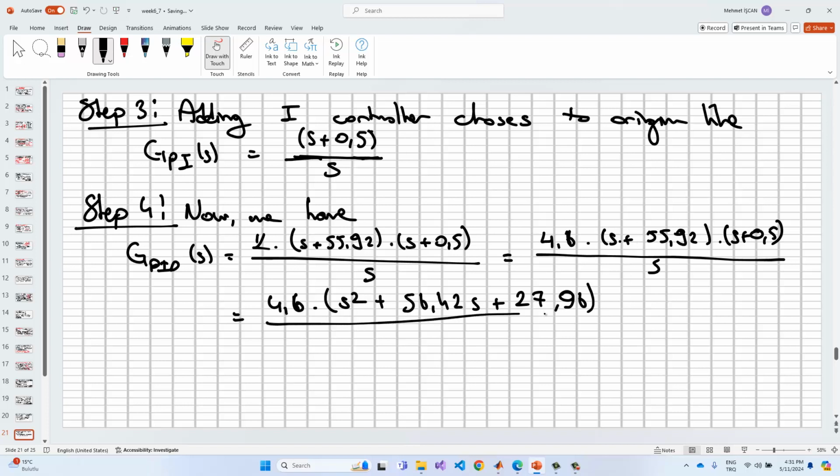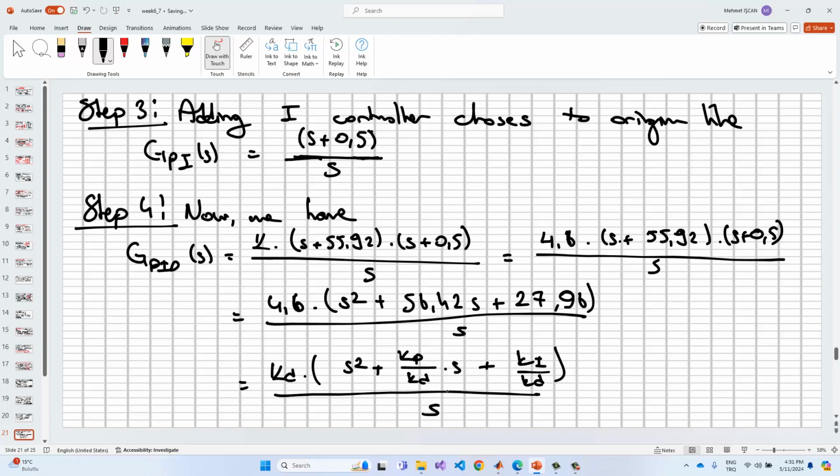And also remember that the PID form equals Kd times s square plus Kp divided by Kd times s plus Ki divided by Kd, all divided by s.